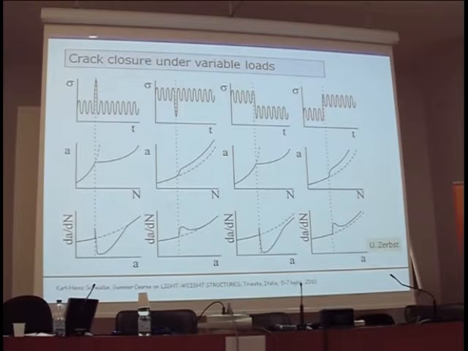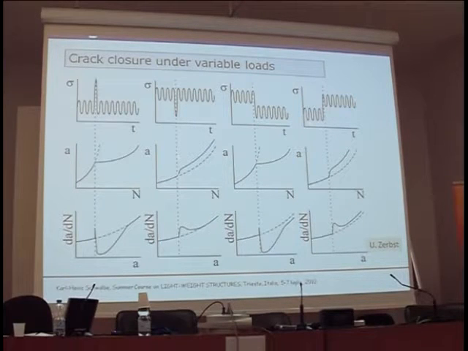So this is a compilation of various load histories. You see the peak overload, you see the retardation. But here we have also the da/dN diagrams. They can be quite complex here. See, the peak underload has also an effect.